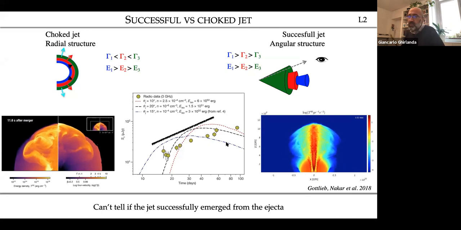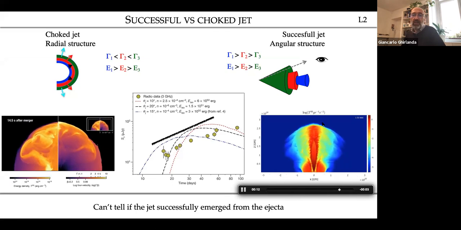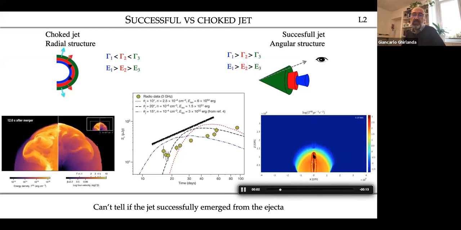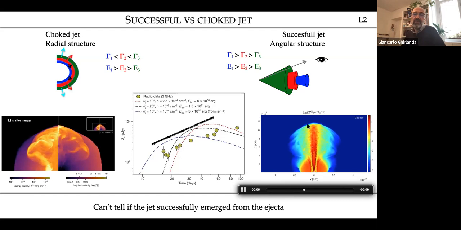Numerical simulations, as you see in this plot here, of course describe much better the time evolution of the whole structure, which, as you see, is not independent. Here you see there is mixing of the jet, even, of course, at smaller angles at later times. This is a case of a successful jet.